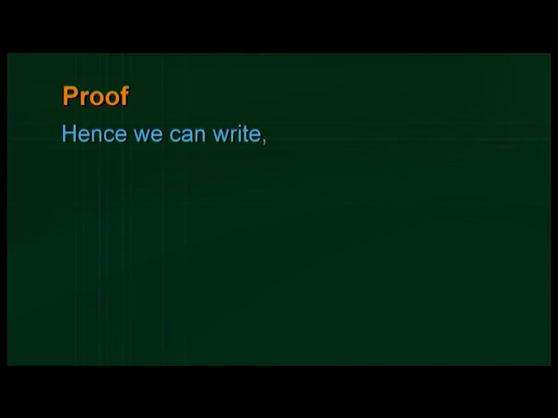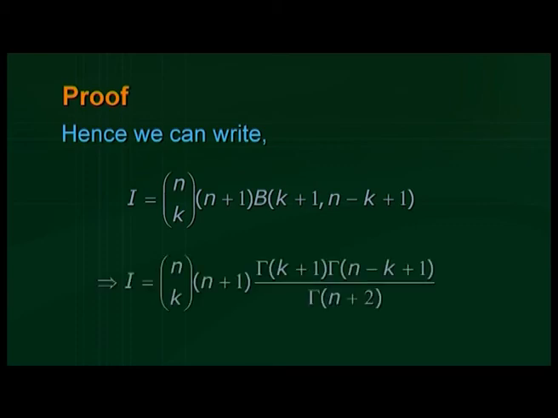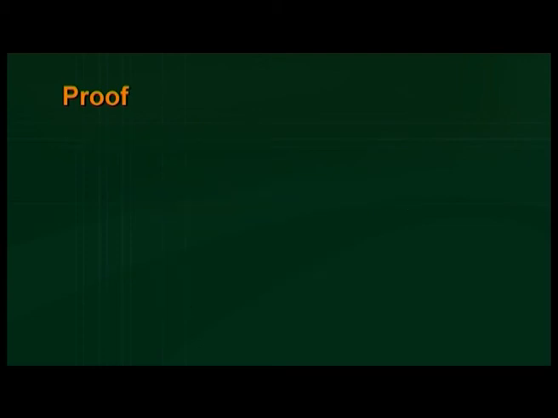Hence, we can write I is equal to nCk into (n+1) into B of (k+1, n-k+1). This implies I is equal to nCk into (n+1) into gamma (k+1) into gamma (n-k+1) divided by gamma (n+2).